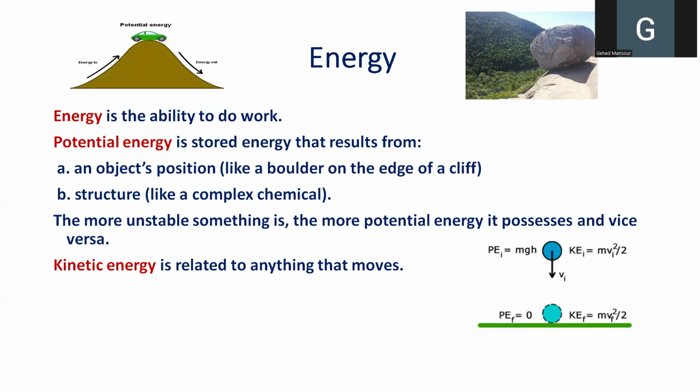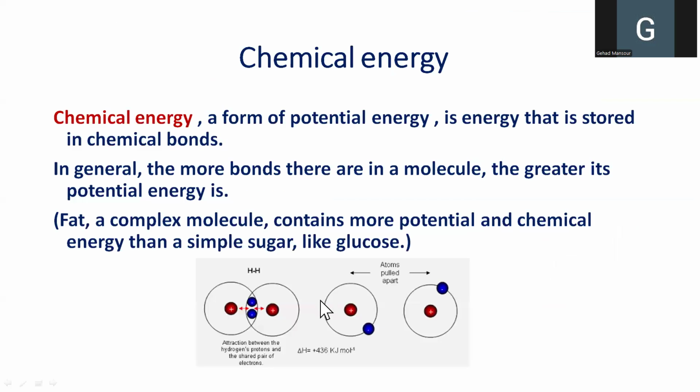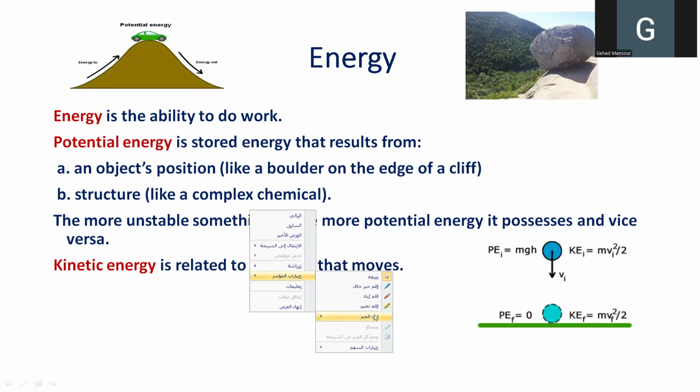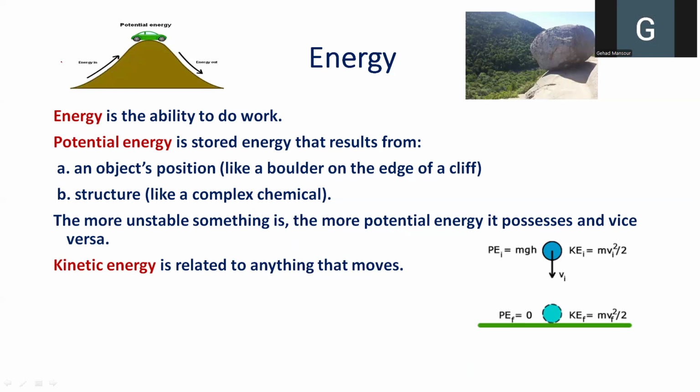As you can see, for example, in the picture to the left, the car that is on the top of the hill has potential energy. Why? Because as the car was going up the hill, the car had kinetic energy, which is the energy of motion.